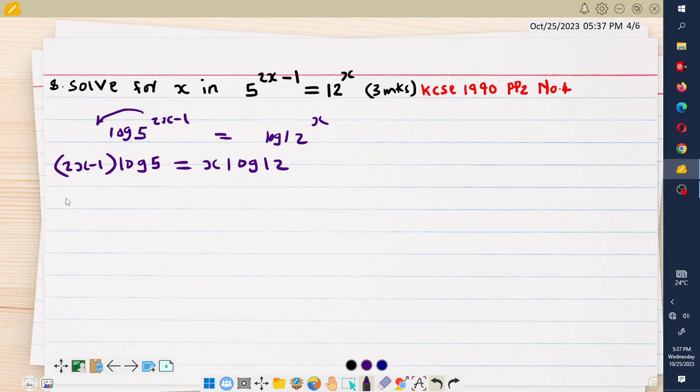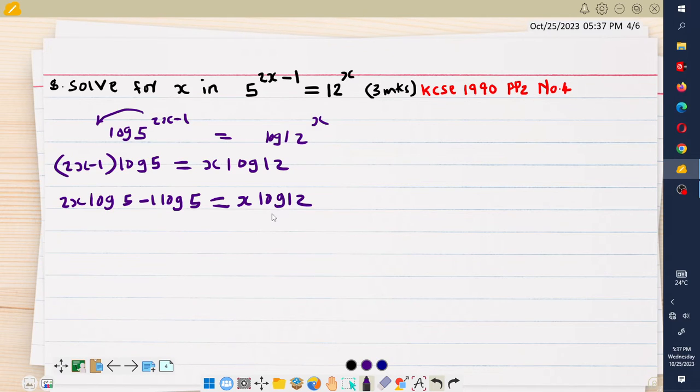Then if I open this bracket, this is the same as saying 2x log 5, then minus 1 log 5.